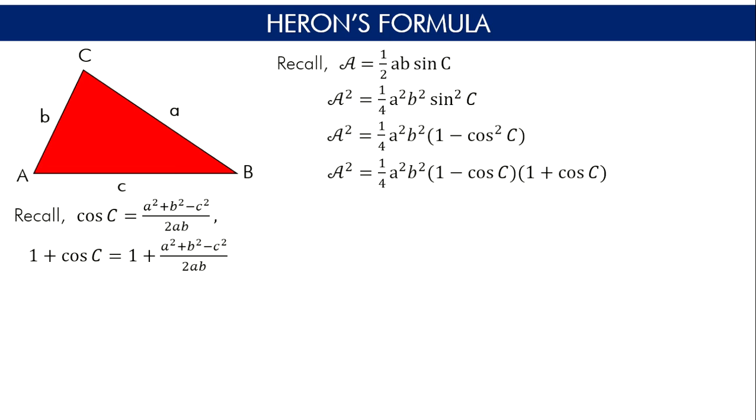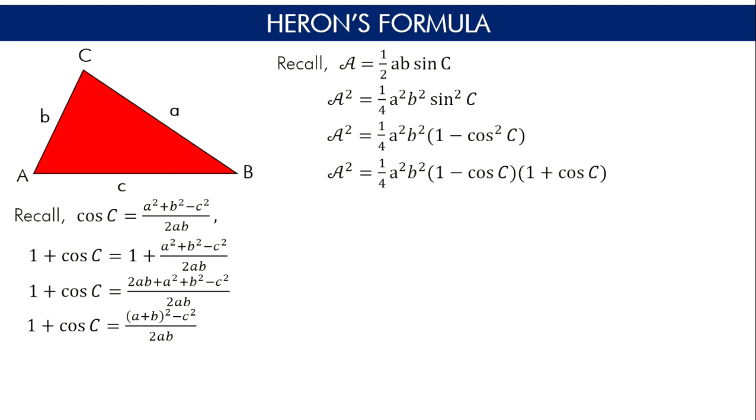Then finding the LCD, which is 2ab, we'll have 2ab plus a squared plus b squared minus c squared. From this, a squared plus 2ab plus b squared can be expressed as a plus b squared. So we have a plus b squared minus c squared all over 2ab.